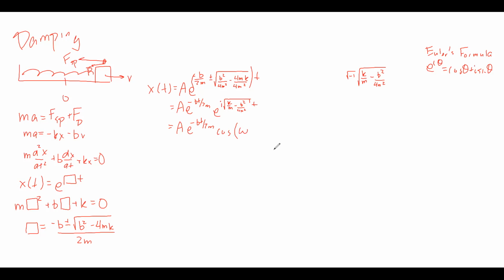I'm going to call that square root omega, where omega is the new oscillating frequency of the system, equal to the square root of k over m minus b squared over 4m squared. And so, let me box it. This is the solution to the equation of motion for a damped mass on a spring. It's actually in agreement with the textbook.